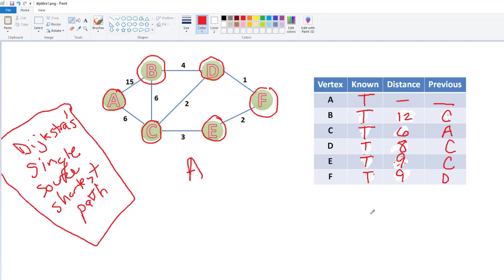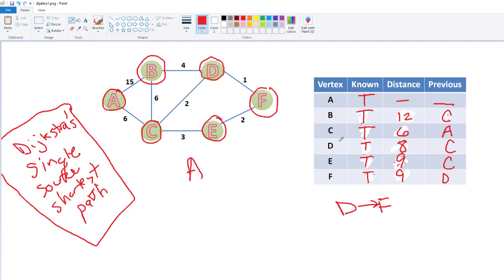Now, if I asked you what the actual path was that you would take, it's actually quite simple. So if I say from A to F, I want you to give me the actual path. I start with the F right here, and it came from D, right? So you write this backwards.